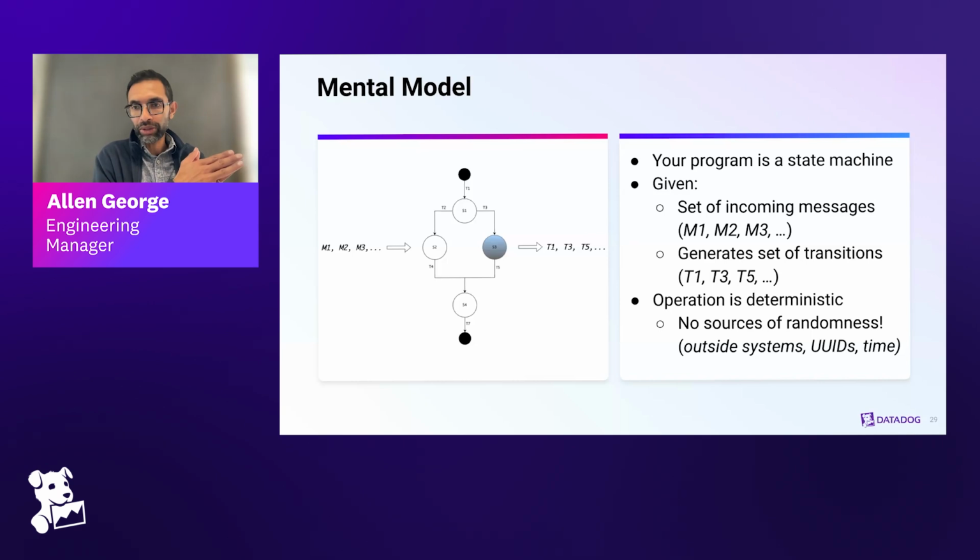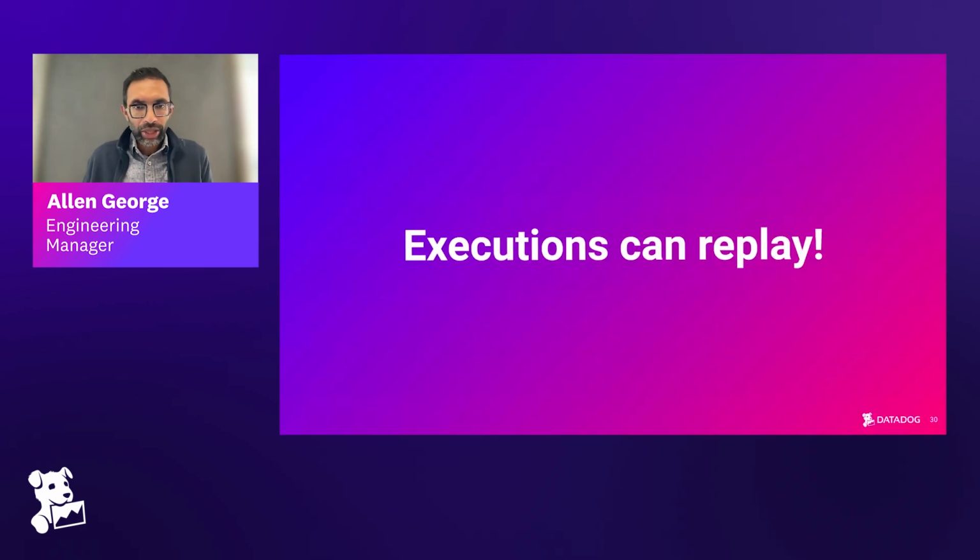So if you submit a set of messages, M1, M2, M3, they always generate the same set of transitions through the state machine. That means there has to be no non-determinism. And Temporal has some really awesome ways of marking non-determinism through activities and so on, so that it can have this property. Well, once you have this, you have to remember that executions can replay.